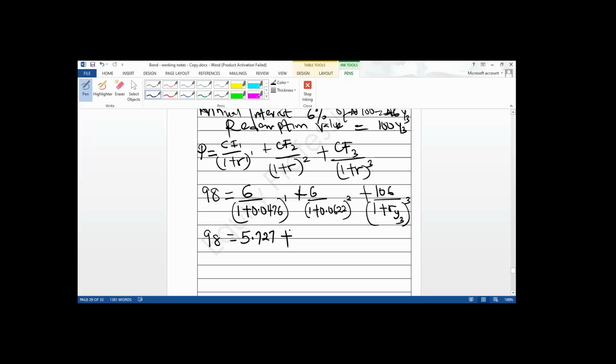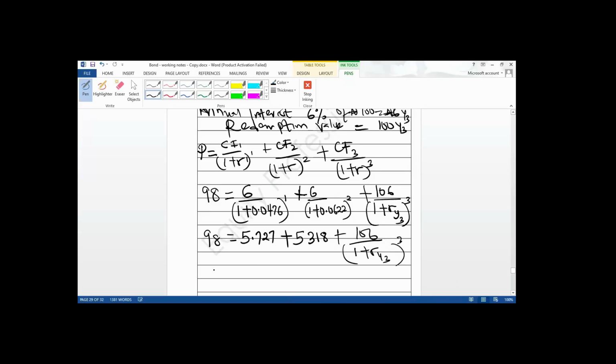Here you have 5.318 approximately. Plus 106 divided by 1 plus R in year 3 raised to power 3.